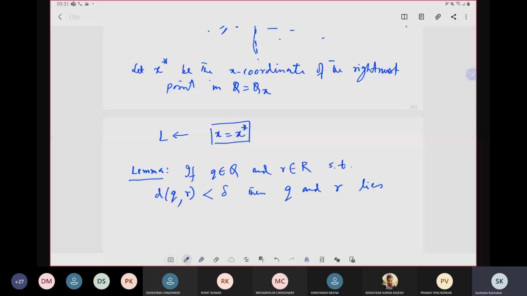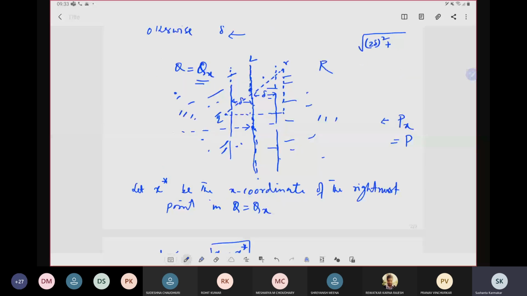So if x separation is more than 2 delta, then I can say their Euclidean separation is the square root of 2 delta squared plus something, y squared. Since y is some non-trivial amount, I can claim this is greater than 2 delta, basically.